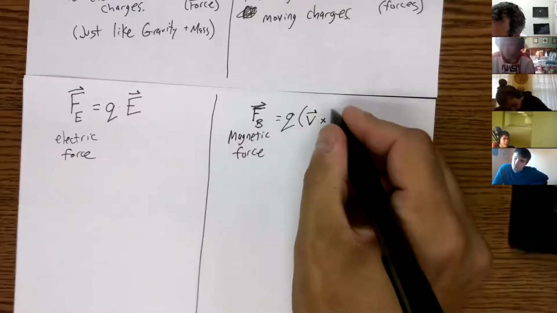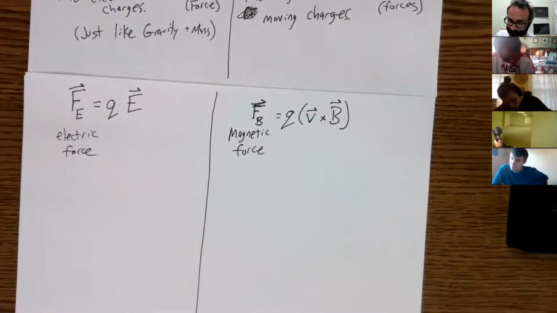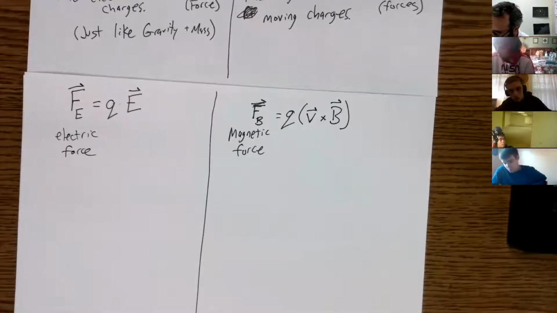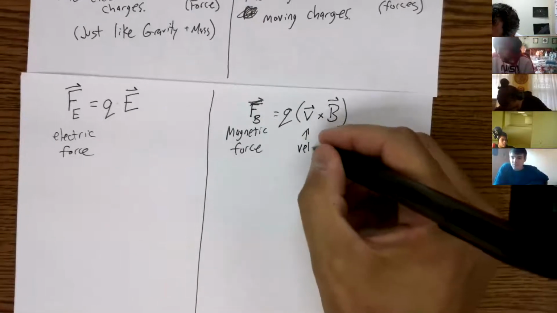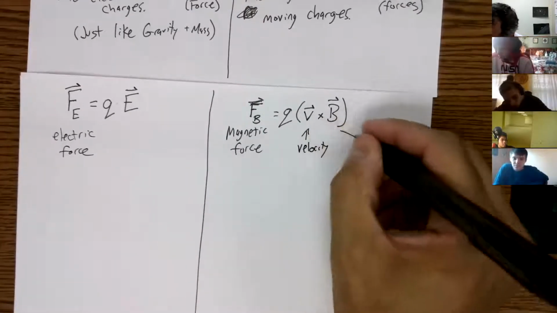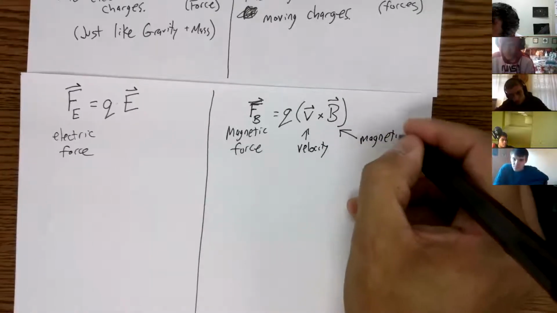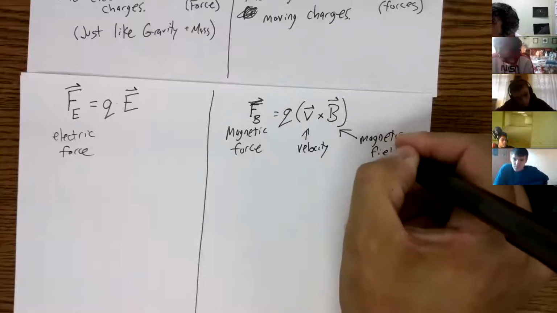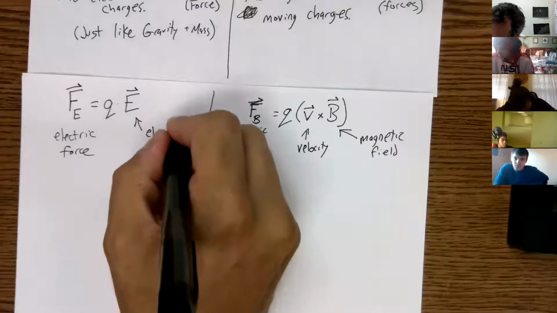We know it has to be moving, times the magnetic field. So the V is the velocity, the B is the magnetic field, I'll put over here, this E means the electric field.